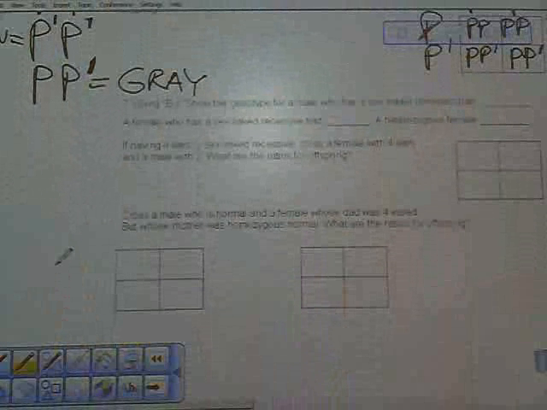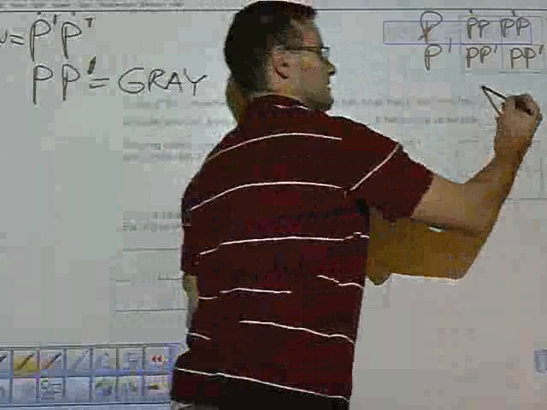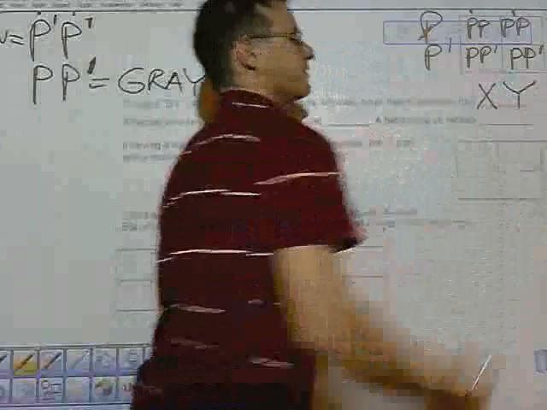Number 7 says use B's to show the genotype for a male who has a sex-linked dominant trait. It's sex-linked, so we have to show X and Y for a male.